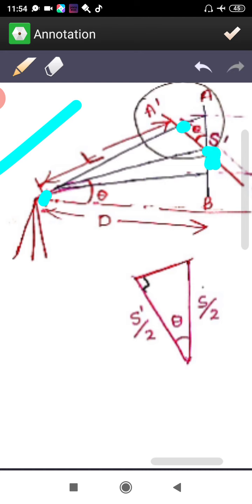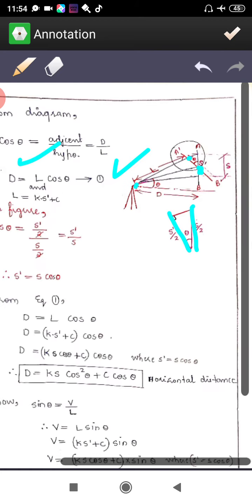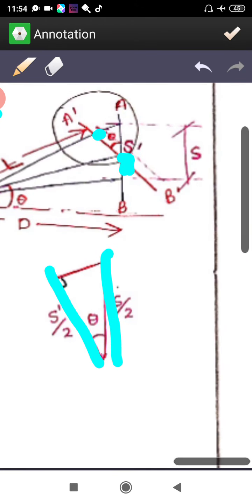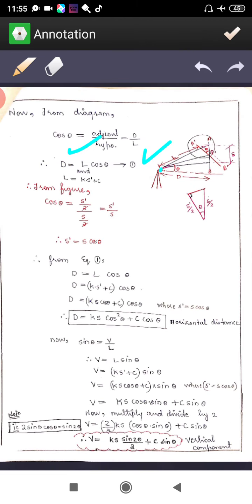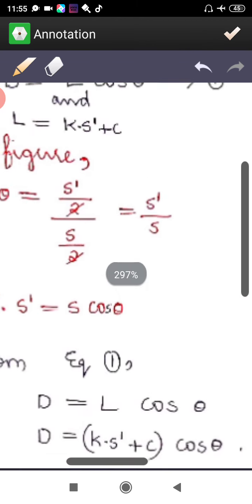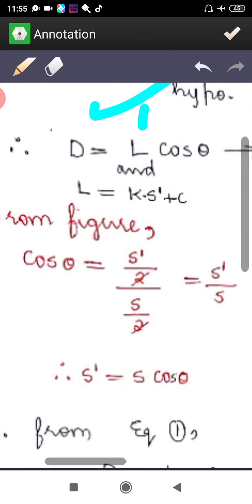Now if you see here, S dash is going to be like this, but S is going to be like this. Here also in this figure you can see S dash and S, here I have shown S dash and S. So what we are going to use is L equal to K into S dash plus C.